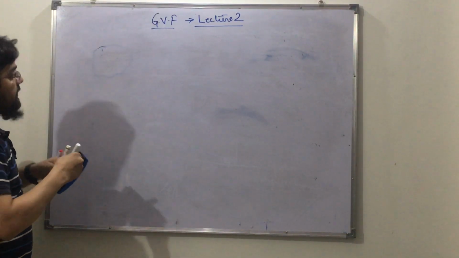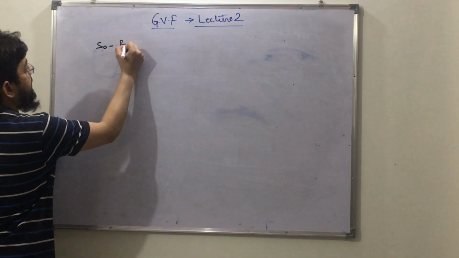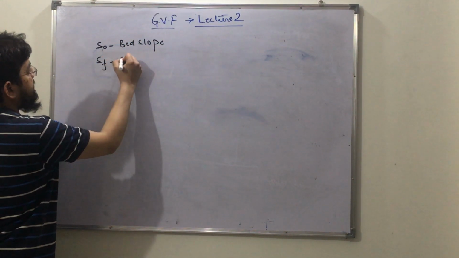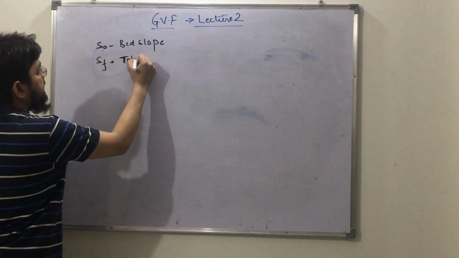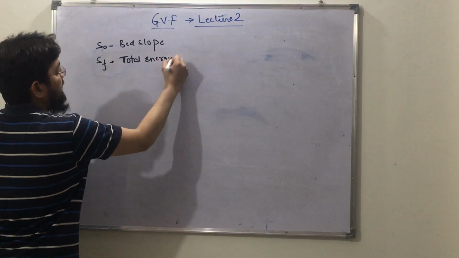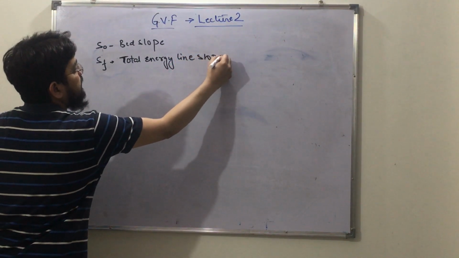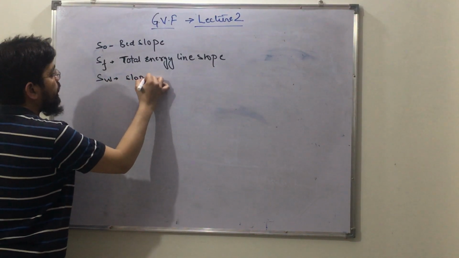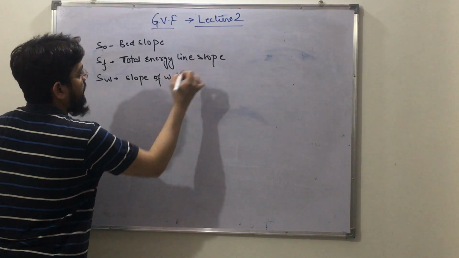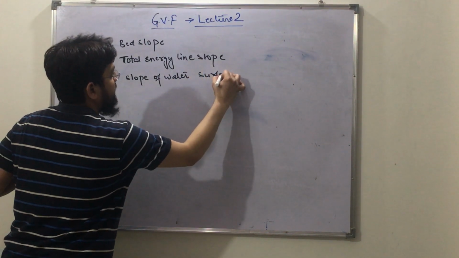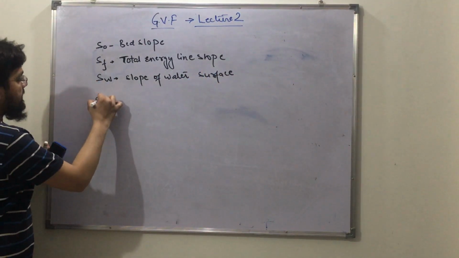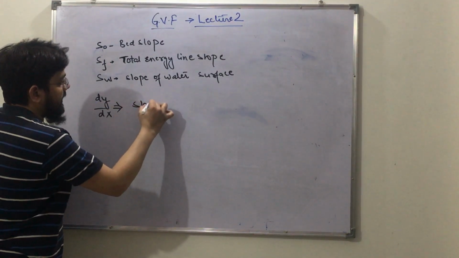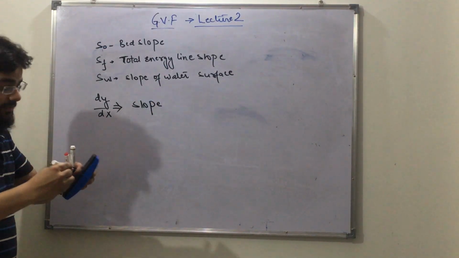What is this S0? S0 is bed slope, that was discussed last time. What is this SF? SF is total energy line slope. What is this SW? SW is the slope of water surface, and this dy by dx is also a slope, and how it is measured we will be seeing in a second.